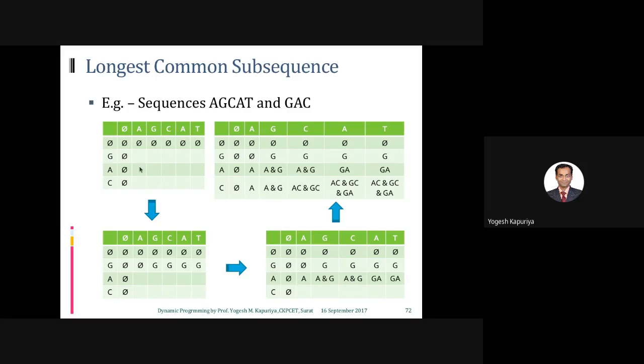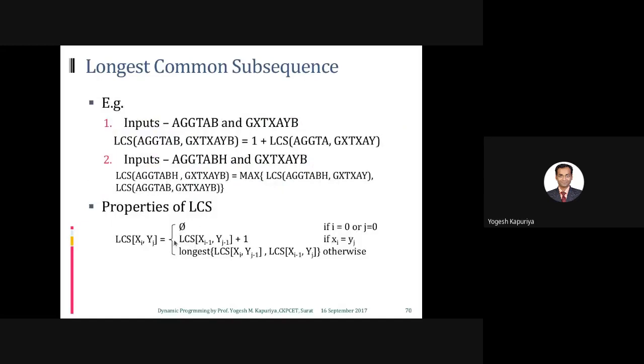So normally we will build a table. The first column and first row are for blank. That means if there are no letters, it is null. Here also it's null. Now what we are putting inside the cell is to be understood from this equation. Remember what we are doing?